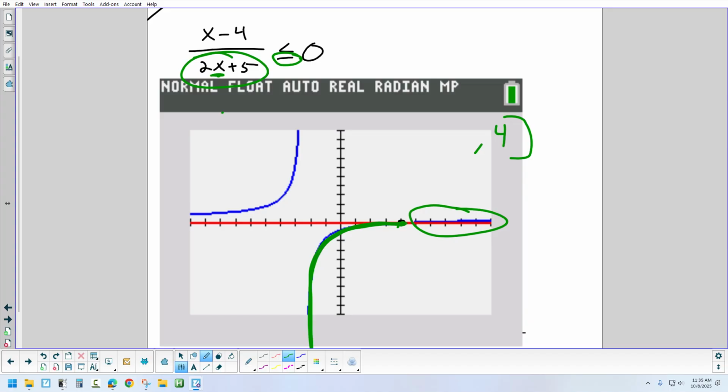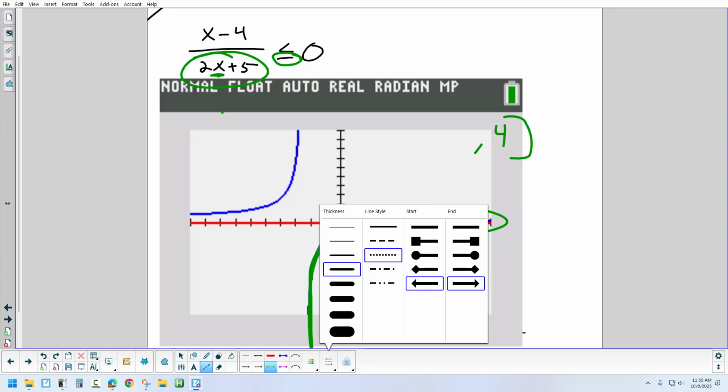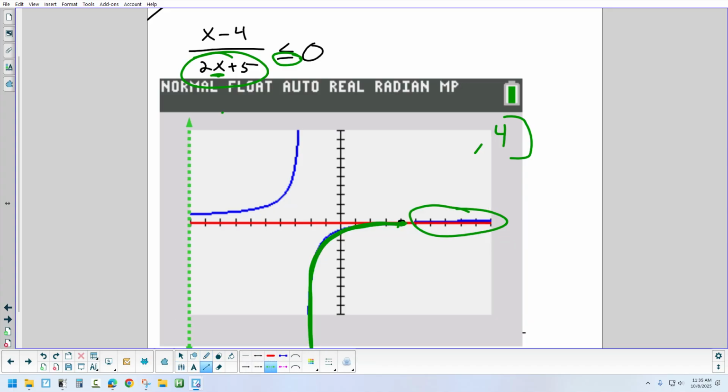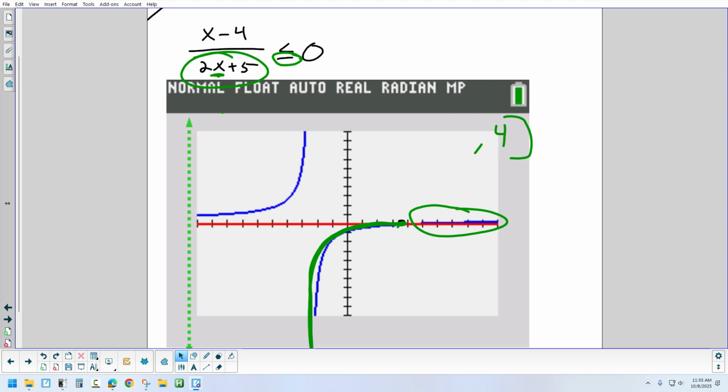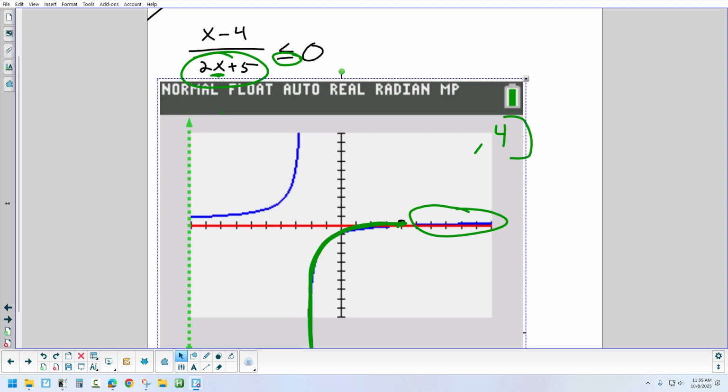You said what number? -2.5? Let's put a dotted line in at -2.5 and just see how close that looks. -2.5.